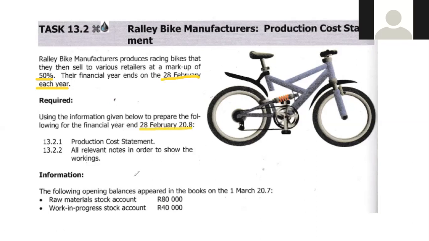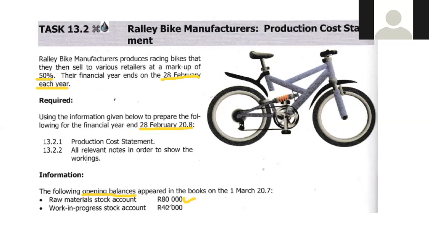You are given the following opening balances. The first balance is your 80,000 rand. What are you going to do with that 80,000 rand? That will be our beginning of the year for the direct materials.